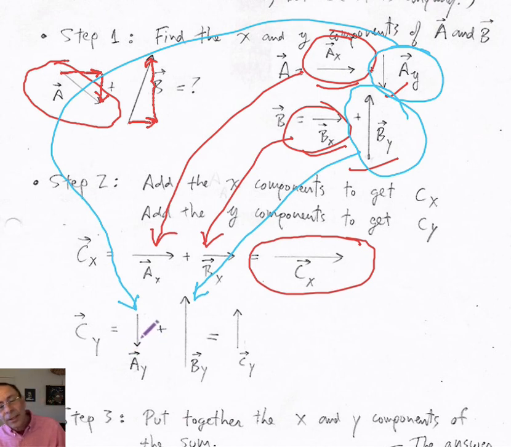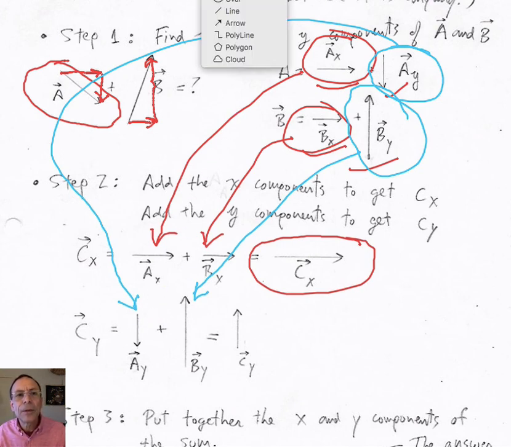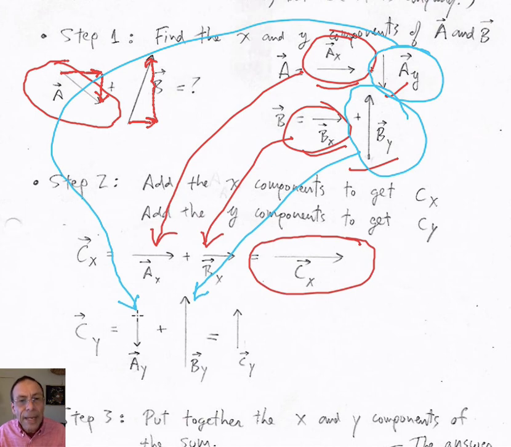One way to think about it is to take the y component of the A vector and move it up to here, so the tail of A is on the tip of B. Then the answer is from the tail of B to the tip of A. So that's the answer, and that's basically what I've got right here. It's this piece.